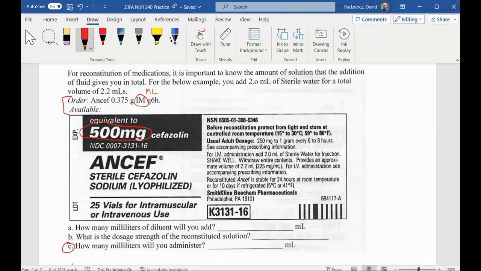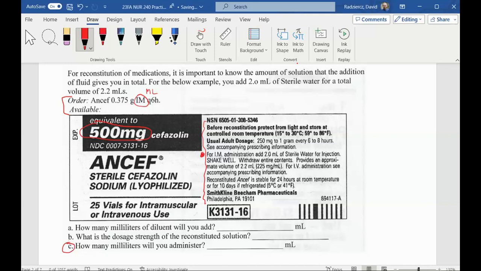So when you have a question like this, and it tells you the strength but not the concentration, the strength per milliliter, you have to do some digging. You're going to need to look at the instructions labeled on the side. Look where it says usual adult dosage, then for intramuscular administration.